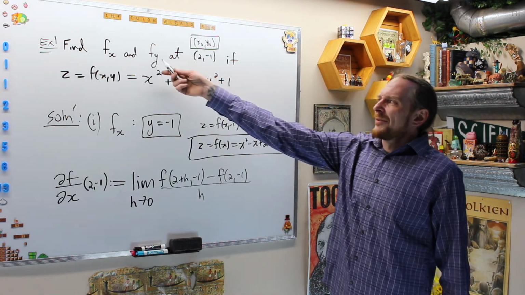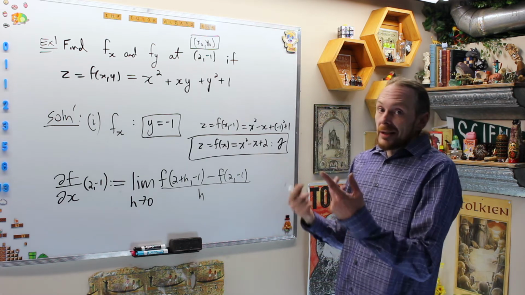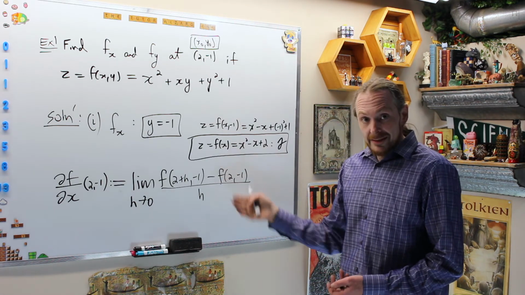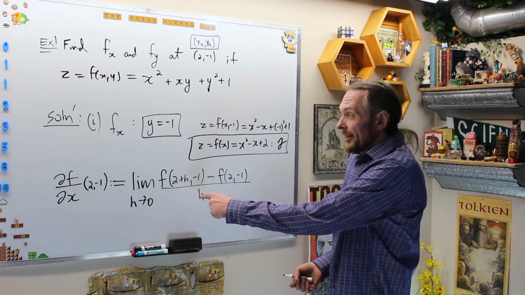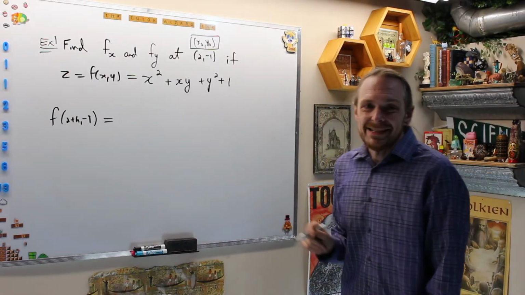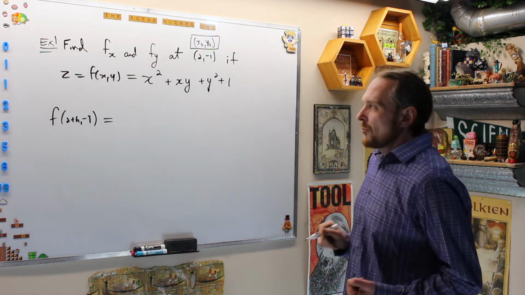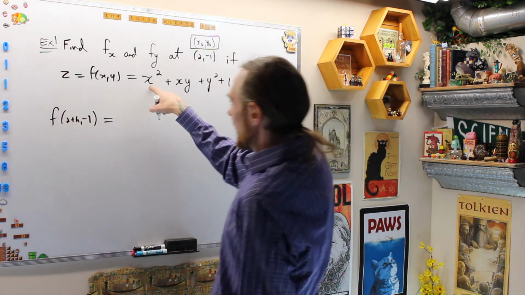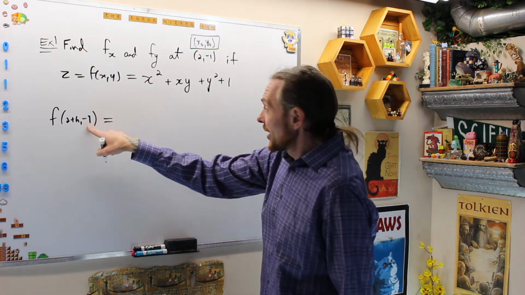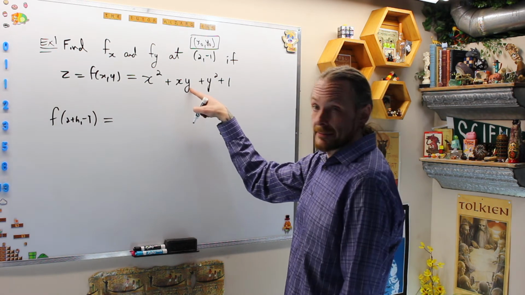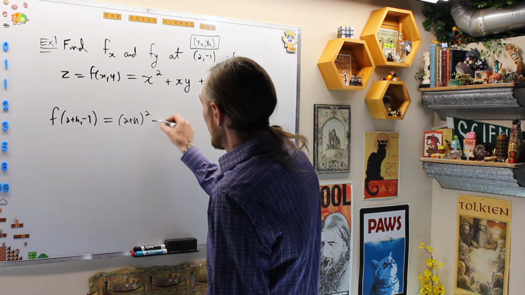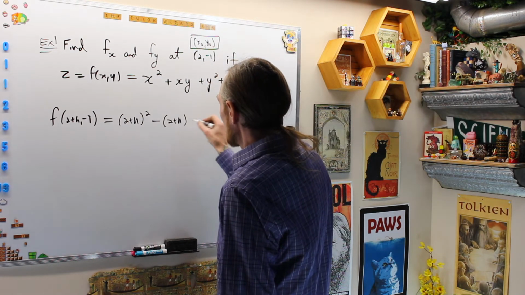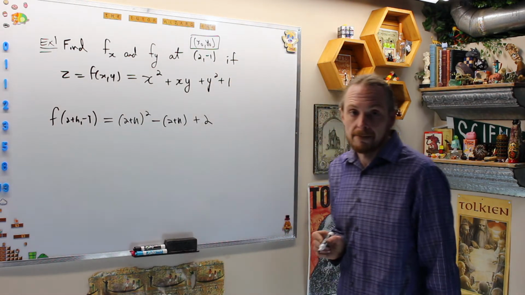I won't do this by definition for this guy. I'll just show you the clever trick. Once I've subjected you to this, there's a faster way of doing this. All right, what do I get from there? We have to clean this up. What is f of 2 plus h comma negative 1? I put 2 plus h wherever x is, and I put negative 1 wherever y is. That gives me (2 plus h) squared minus (2 plus h) plus 2.